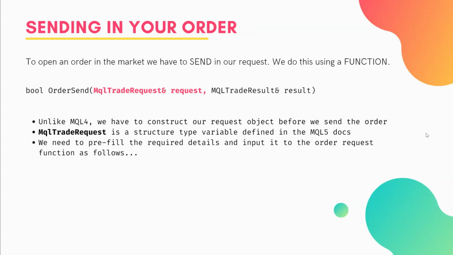So to open the order, we use the OrderSend function, which you can see here. This will return a bool, and the bool will say whether our send has been successful. This isn't to say that our trade has been successful and we've successfully opened. It's just saying that the order was successfully sent, if that makes sense.